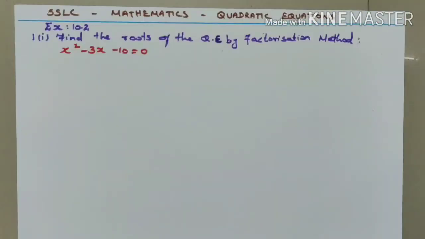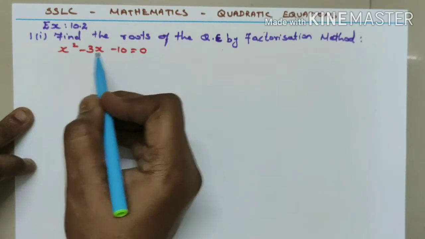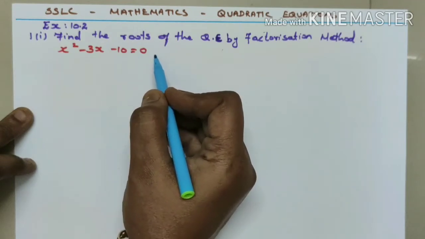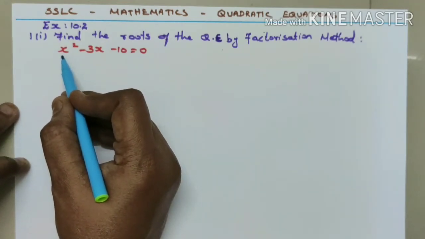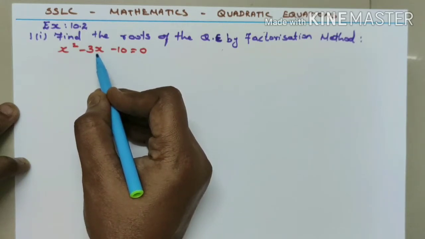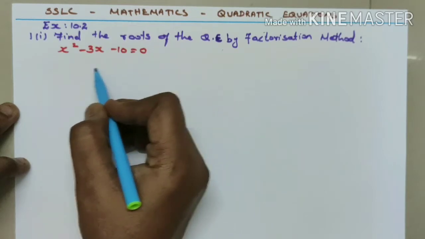So how do we find the value of x by the factorization method? First, arrange the equation in order. It should be ax square plus bx plus c is equal to 0. So x square should be the first term, x should be the second term, and the constant should be the third term. First check whether it is in order.